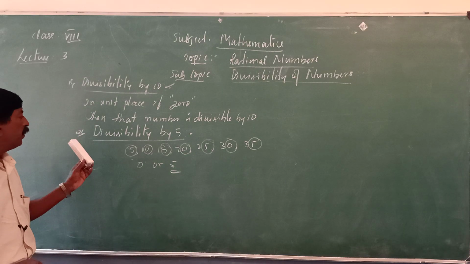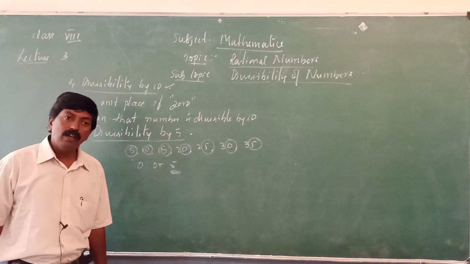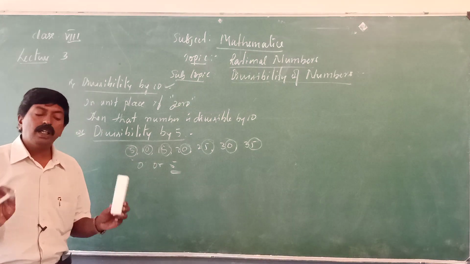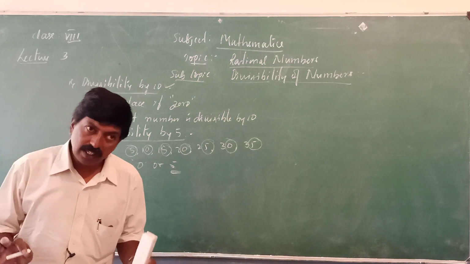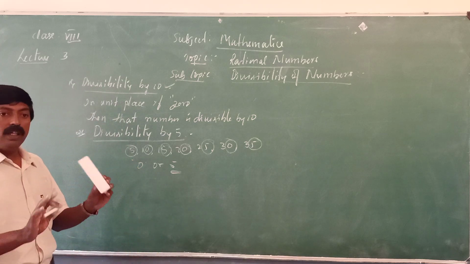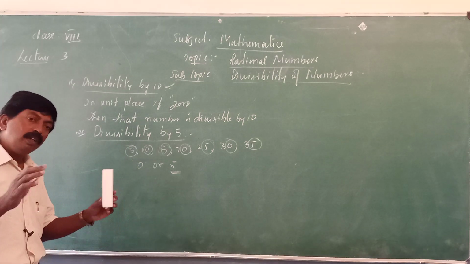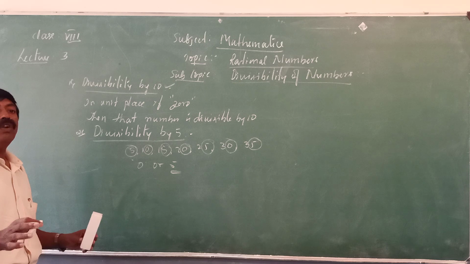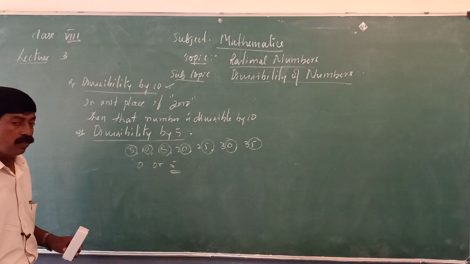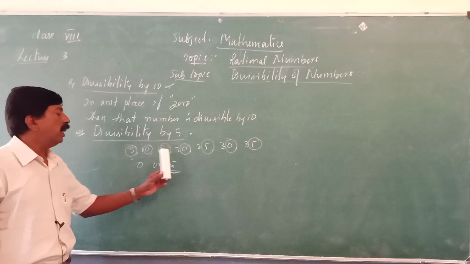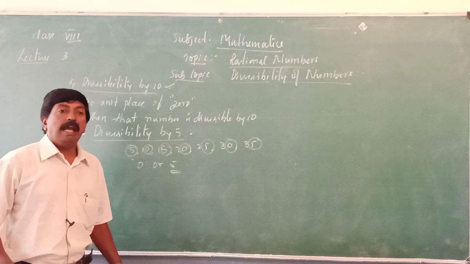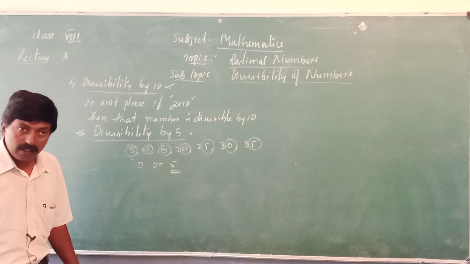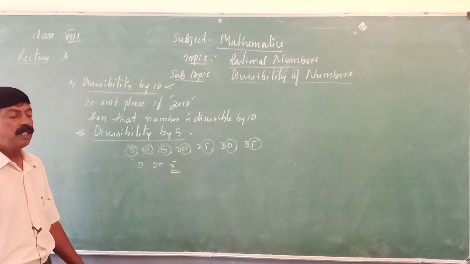You can remember the divisibility test of 5 says that whatever number is given, if it has 0 or 5 in the unit place, then that number is exactly divided by 5. Otherwise it is not divisible.